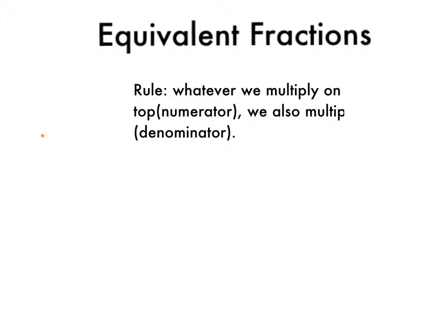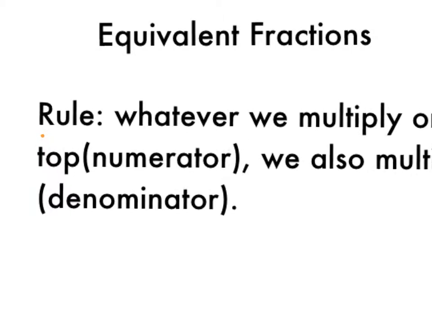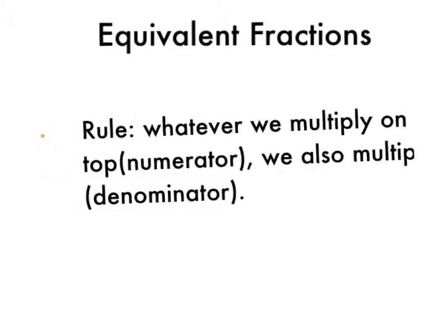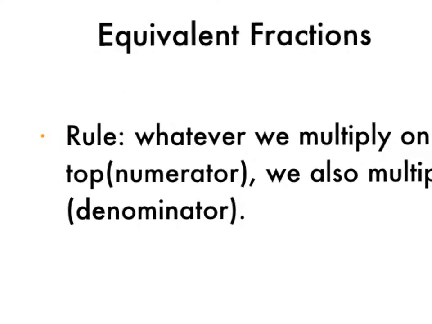Let's make it bigger. There's our rule, nice and big. I feel like that's probably an important rule. Very important rule. Maybe the most important rule when it comes to equivalent fractions.